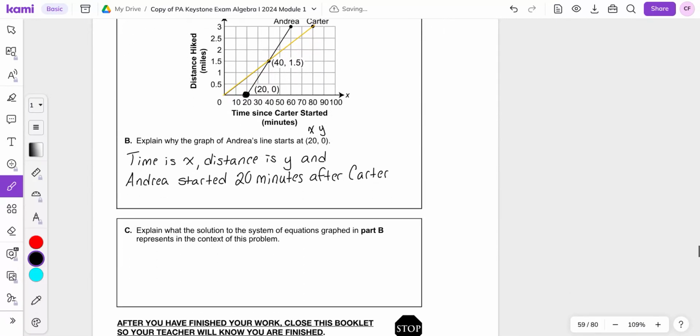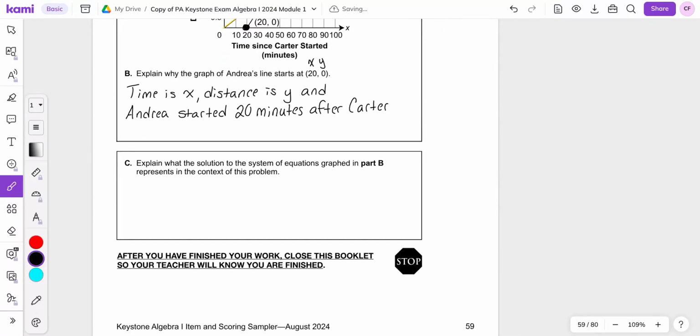Part C now. Explain what the solution to the system of equations graphed in Part B represents in the context of this problem.